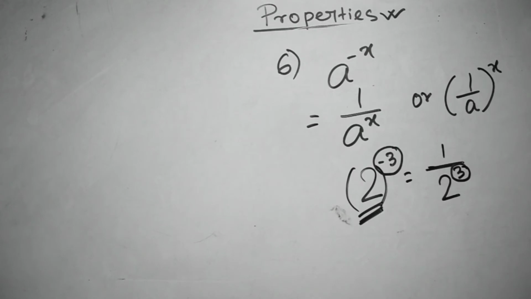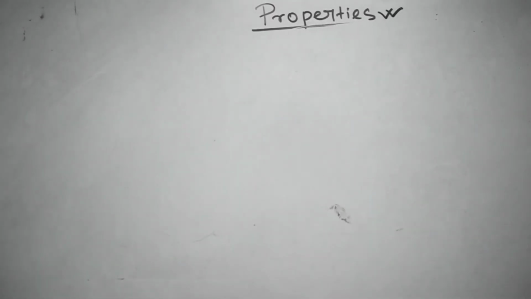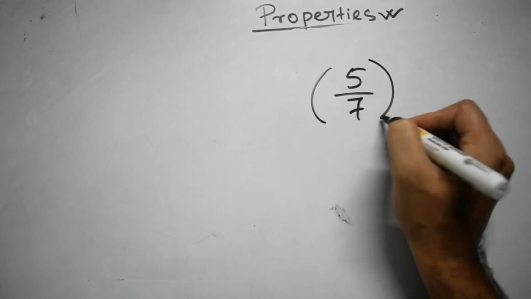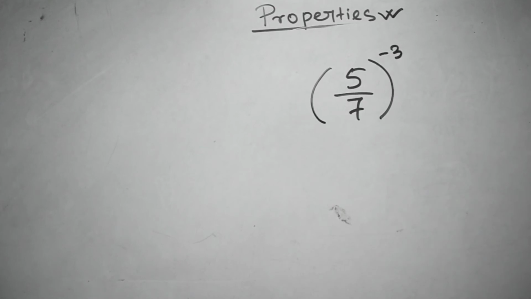Now let's take an example where we have a fraction. Then what should we do? Suppose we have 5 by 7 to the power minus 3.